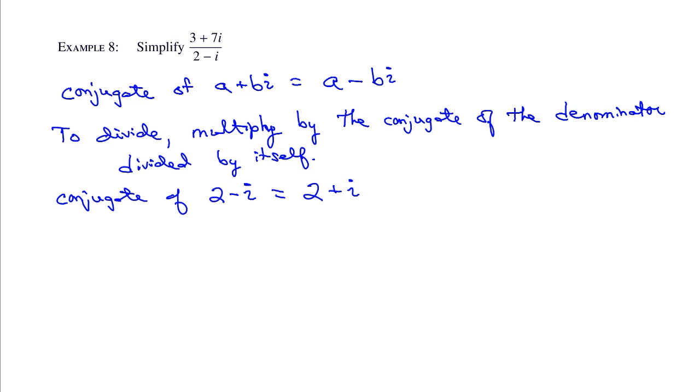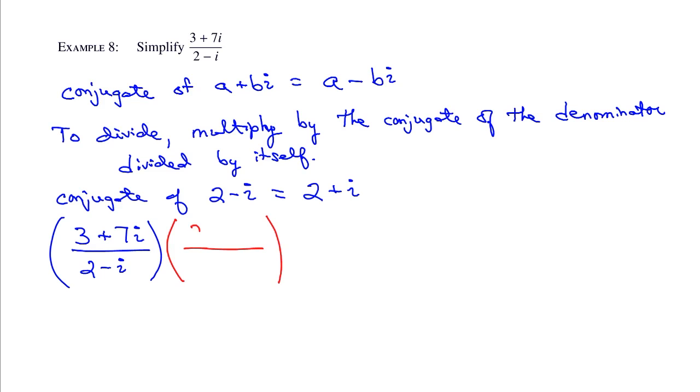So let's start with the original division. And then I'm going to multiply this by the conjugate, which is 2 plus i. And of course divide it by the same thing, 2 plus i.